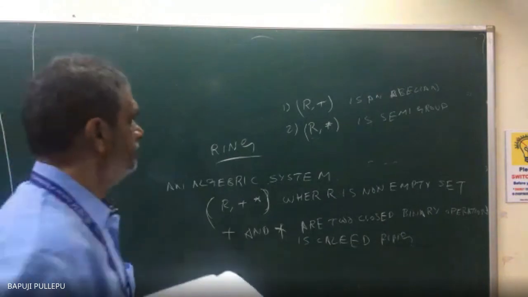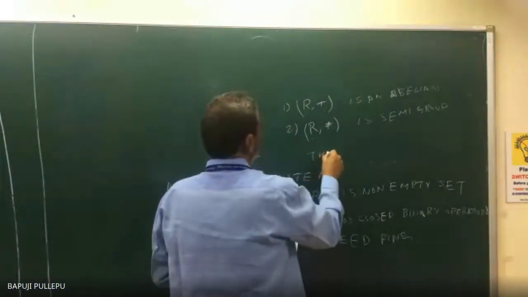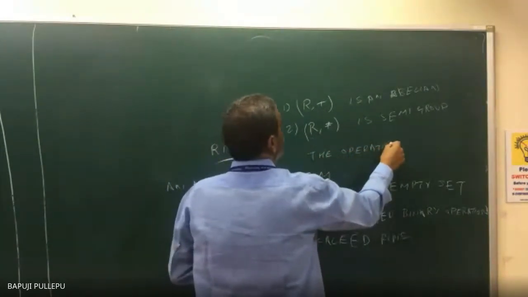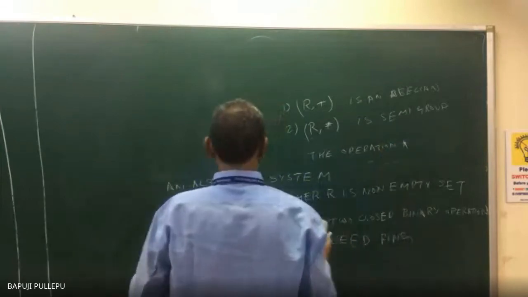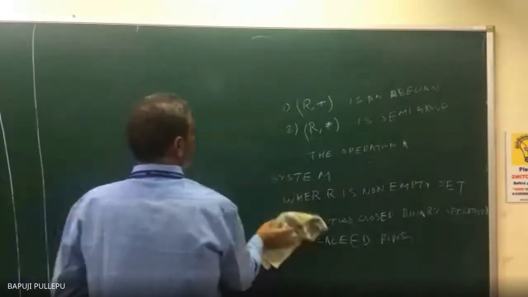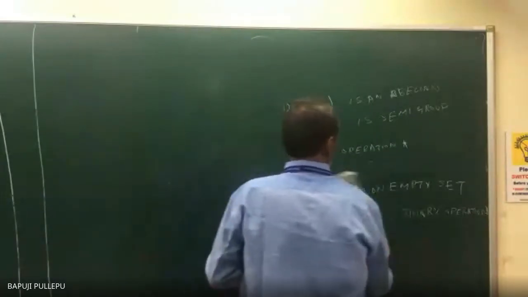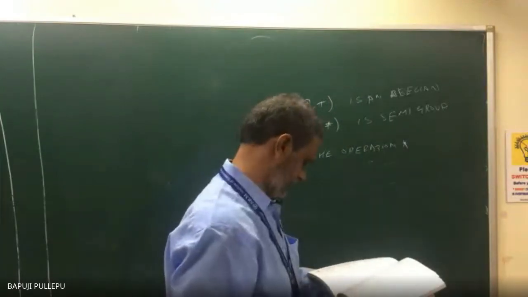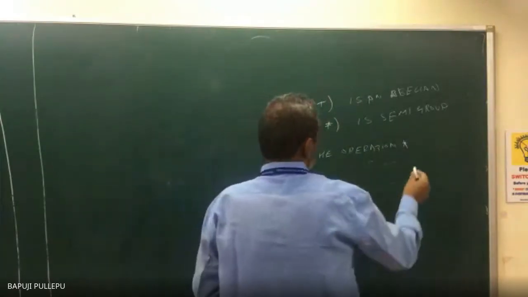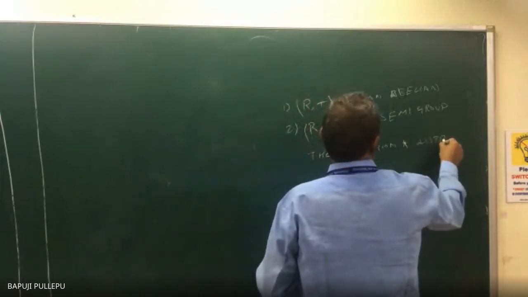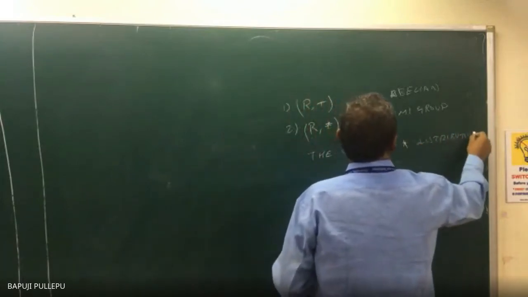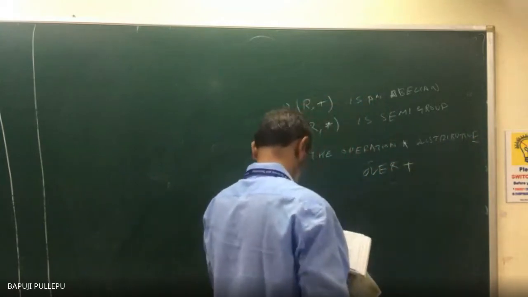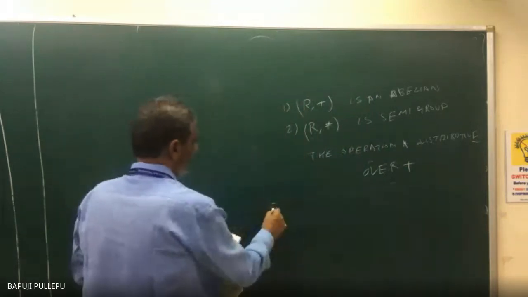Then operation star is distributive over plus. What does that mean?